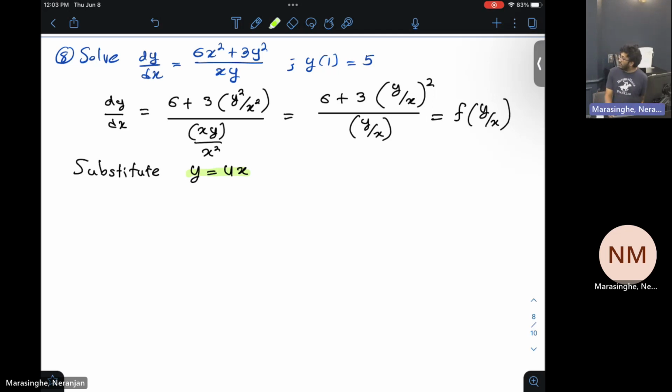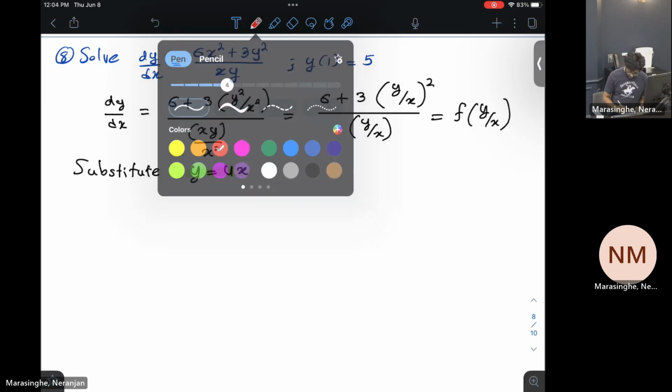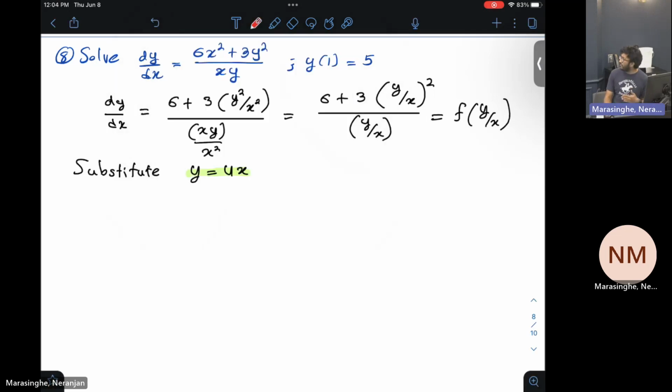So first thing that we have to do is express dy over dx in terms of du over dx. Okay. So I'm taking the derivative of y with respect to x. So I would get dy over dx is equal to the derivative of ux. Then I would use the product rule. Okay.